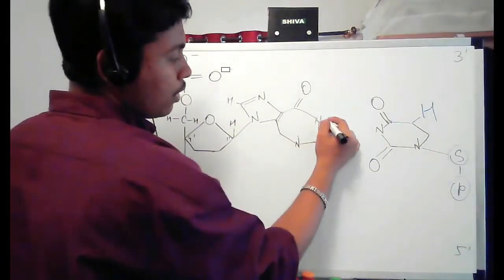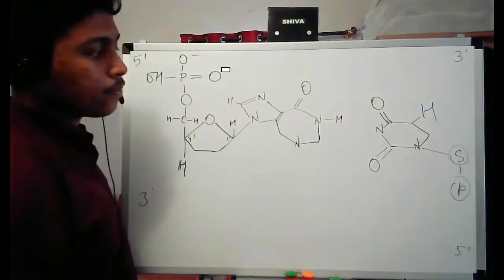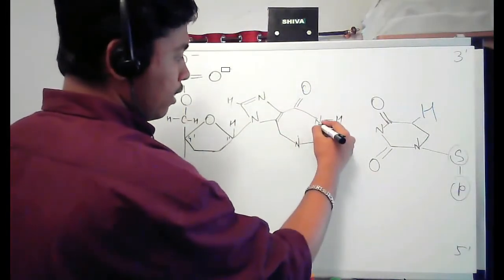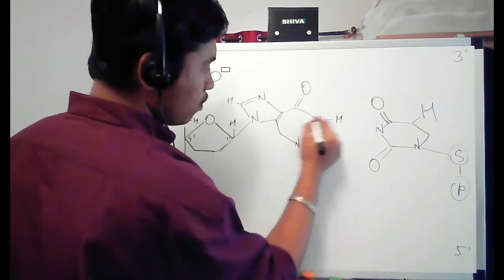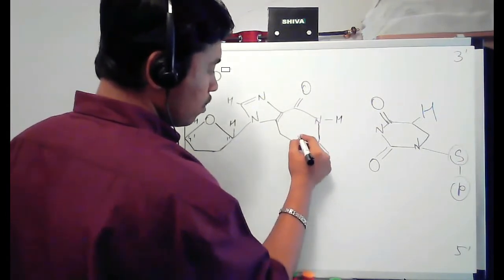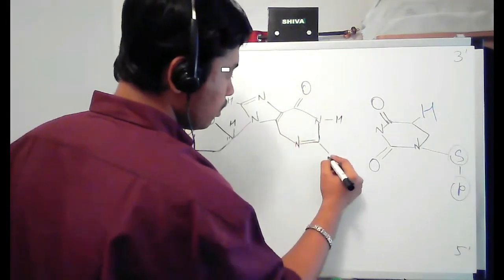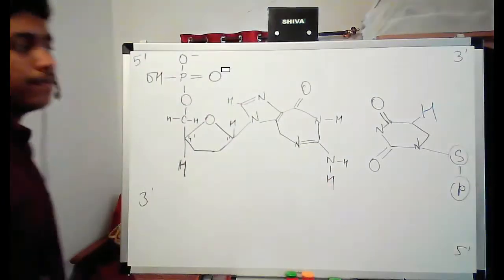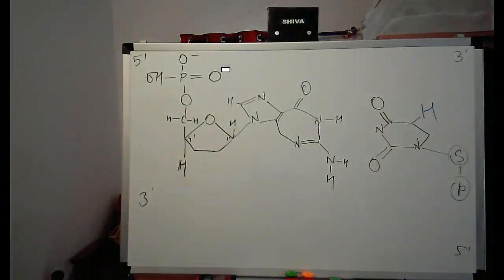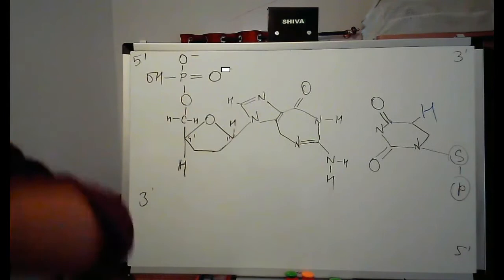Since there are only two arms, there is one hydrogen out here, and one, two, this will be doubly bonded. There will be an NH2 over here. Guanine, or guanine, whatever you like to say.